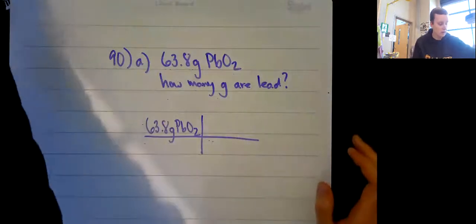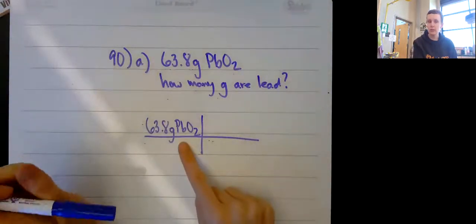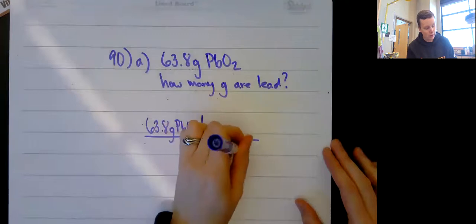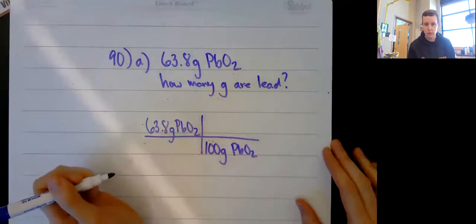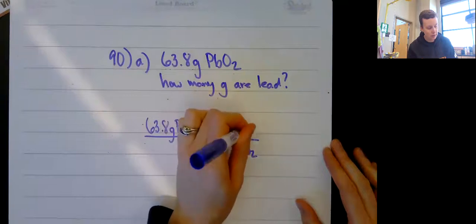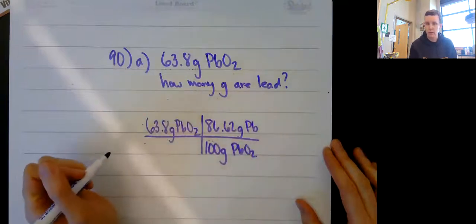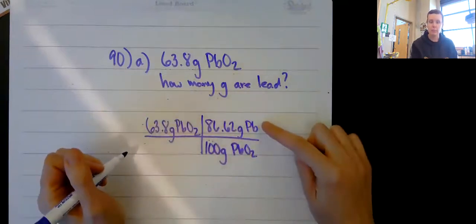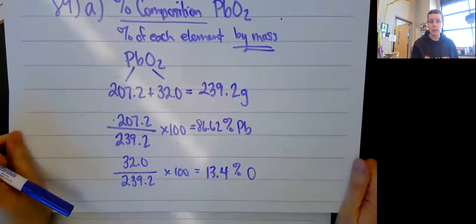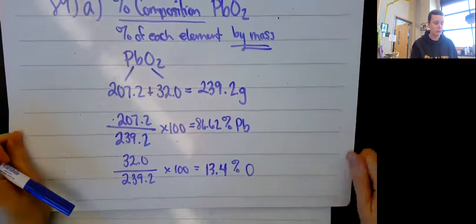Well, I want the compound to cancel. So I can do 100 grams of the compound, PbO2, contains 86.62 grams of lead. Remember, this number is the percent lead in the compound that I calculated in number 89A, 86.62% lead right here.